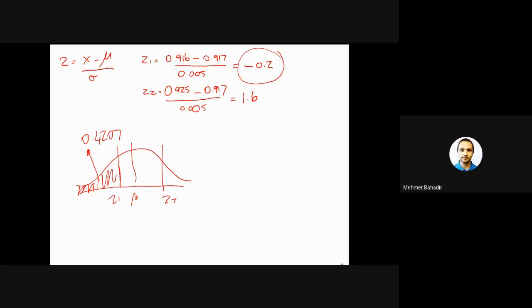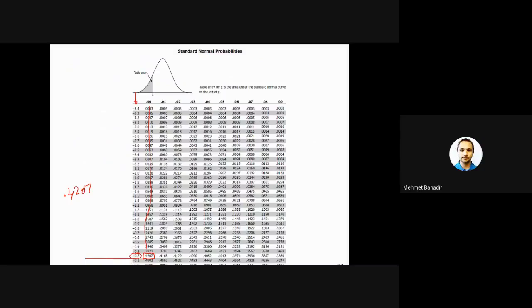Now I need to find the area on this end, to the right side of my second specification value. How do I calculate it? The problem with my table is it's a left reading table.